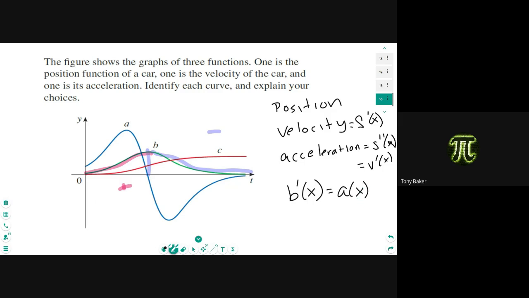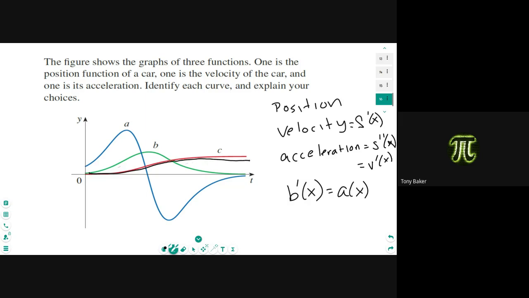All right, so let's look at that. So now let's look at C. C is always positive, right? Well, B is always positive, but it seems to go fast and then start slowing down, right? Seems to be going fast and then all of a sudden it starts slowing down to go to 0.